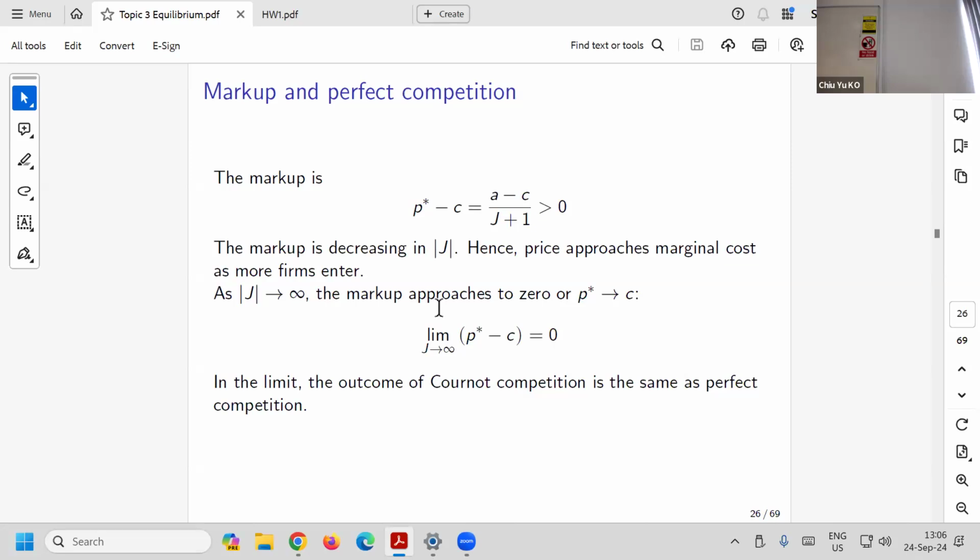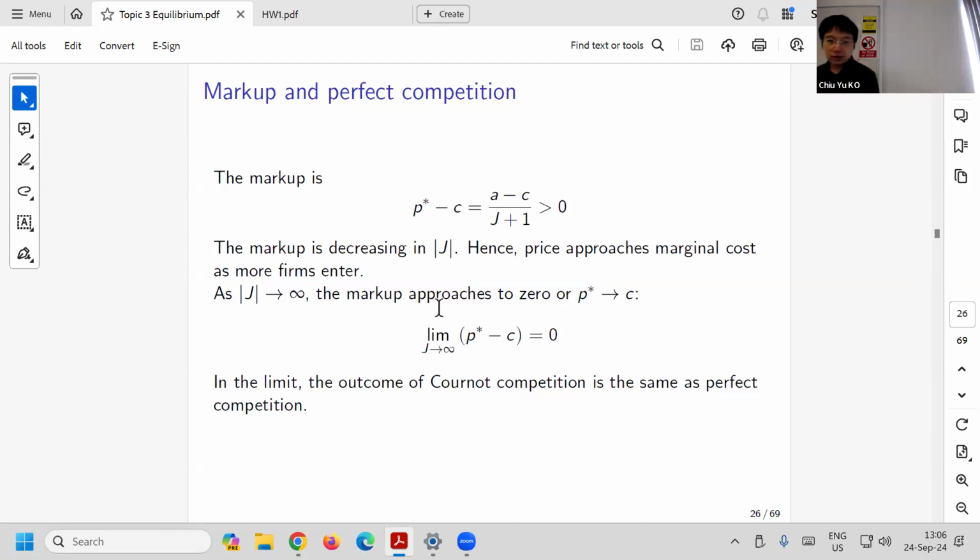That idea actually comes from Cournot. Cournot said that in a homogeneous market, when many symmetric firms come in, the price goes to marginal cost. Even if they're not price takers, because every firm is getting smaller and smaller relative to the market, you get that.